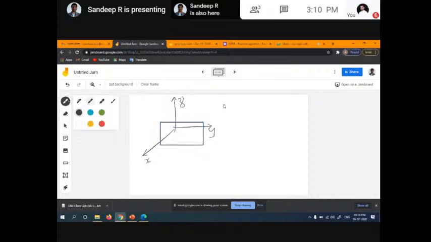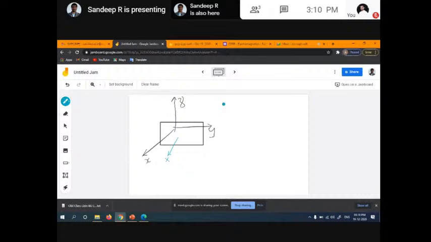I'm interested in determining the electric field intensity at this particular point. Then this will be the direction of aN. If I want to determine the field behind the sheet, then it will be minus aN because it is pointing in the negative x-axis.